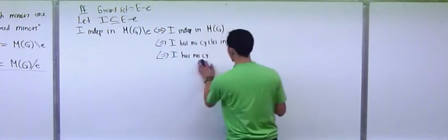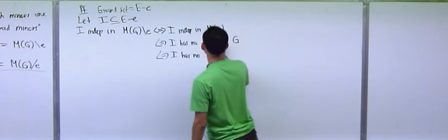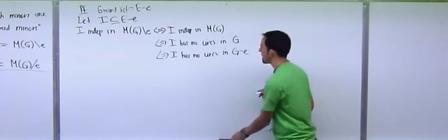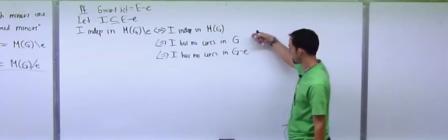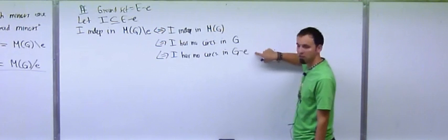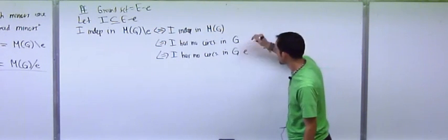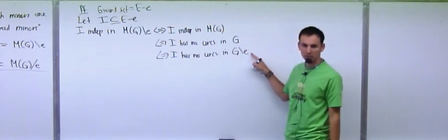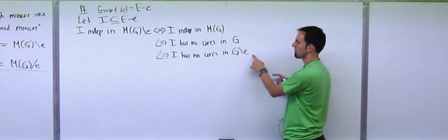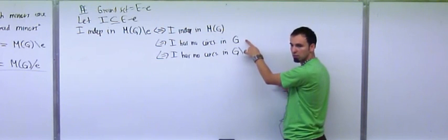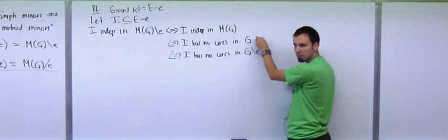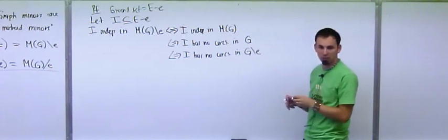Saying that a set of edges has no cycles in G is equivalent to saying that it has no circuits, I should say circuits, in G minus E. Why is this? Well, it's clear that if I has no circuits in the graph G, then it has no circuits in the deletion. This has even fewer edges. Why is the opposite true? Why is it true that if I has no circuits in G minus E, then it has no circuits in G? Well, the only edge that you added from G minus E to G is the edge E. And so the only trouble is that that edge would cause you a cycle.